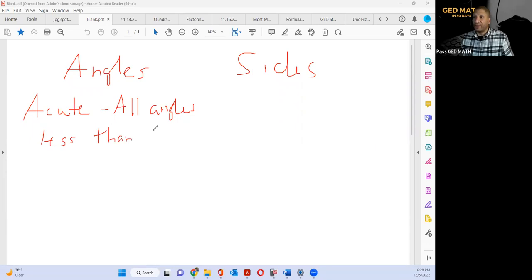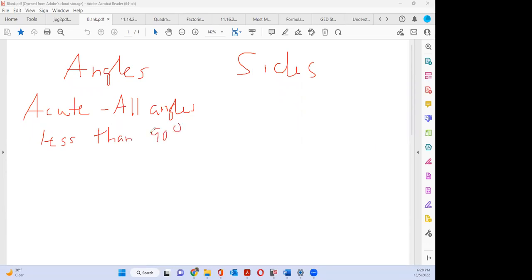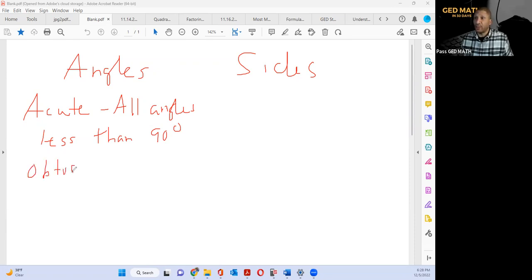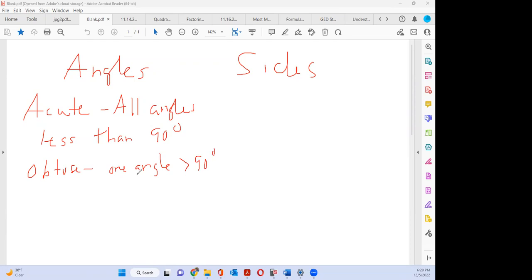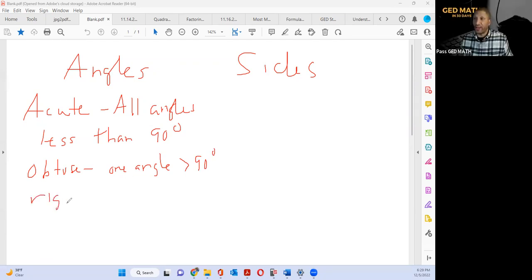An obtuse triangle is one where any angle of that triangle is greater than 90 degrees. You also have what's called a right triangle, which you should know by now, where one angle is equal to 90 degrees.